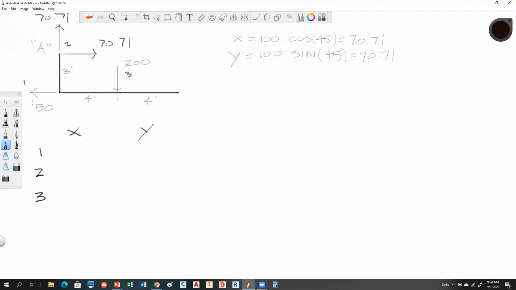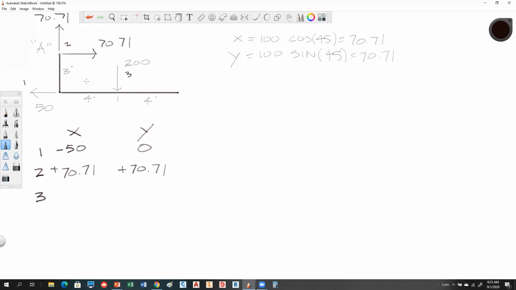Okay, so for x1, it's negative 50. Going in a negative x direction, the y is 0. Okay, we all right? Okay, vector 2, your x is 70.71 positive, and the y is also 70.71 positive.